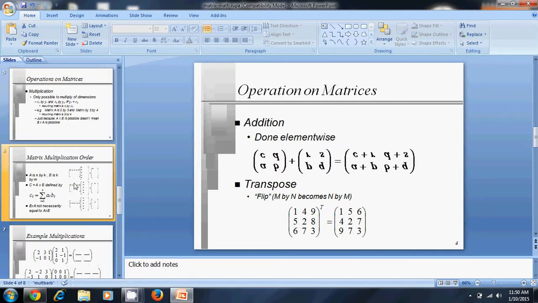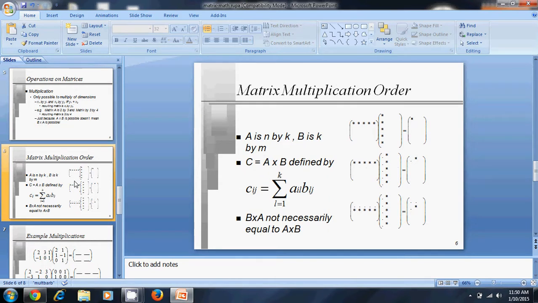Next comes matrix multiplication. For matrix multiplication, there is a rule, or we can say an order. If A is a matrix of order n cross k, and B is a matrix of order k cross m, then C is the matrix A cross B, that is A multiplied by B, where each element of matrix C is defined as Cij equals summation of L equals 1 to k, AIL into BLJ.